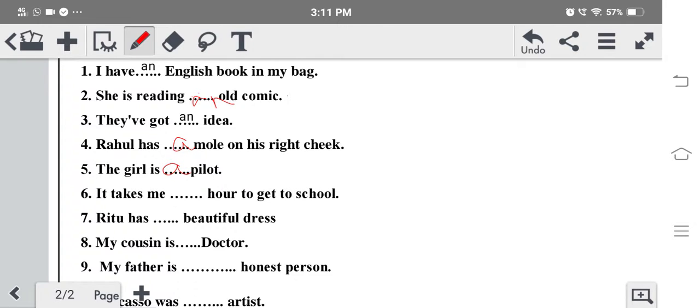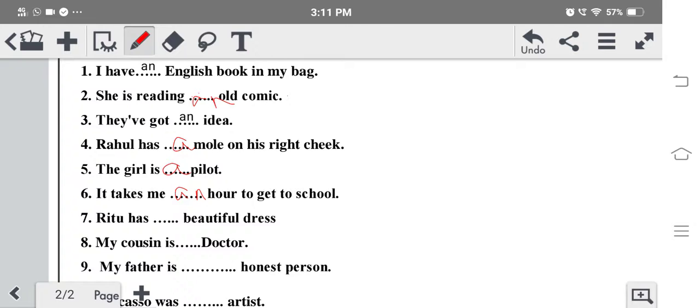It takes me dash hour to get to school. Now H is not a vowel, it is a consonant, but H is silent. We do not pronounce H, we pronounce the O sound. So the sound of O is coming. So that is why we will use an here. It takes me an hour to get to school.